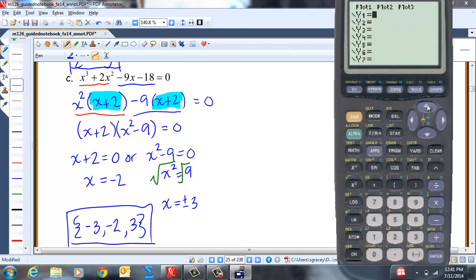So I'm going to go ahead and graph the original, which was x cubed plus 2 times x squared minus 9 times x minus 18. We're going to graph this.